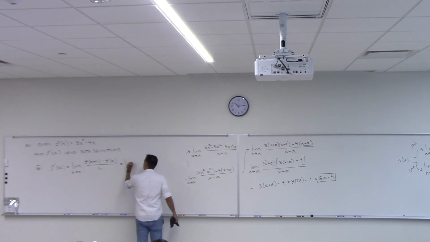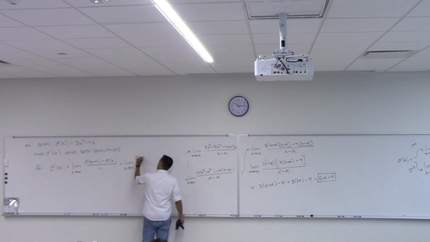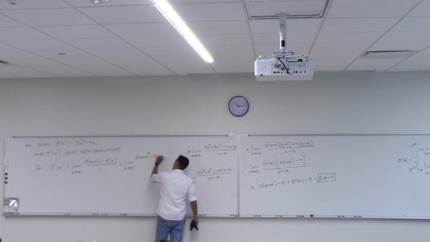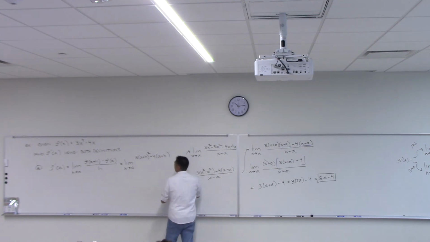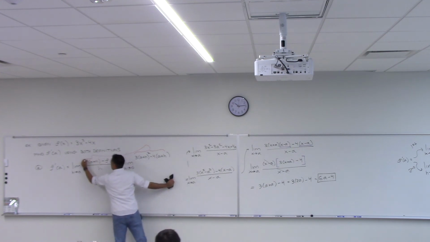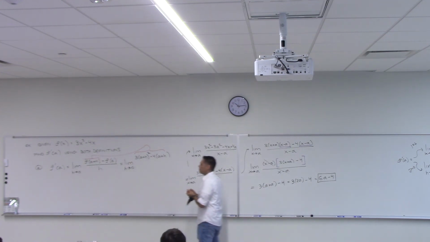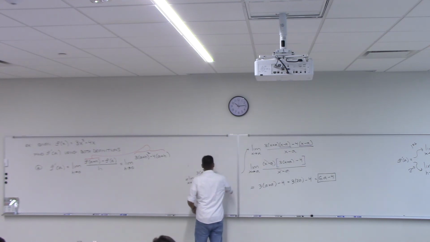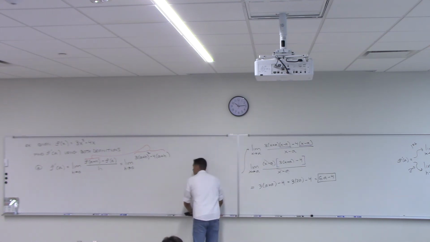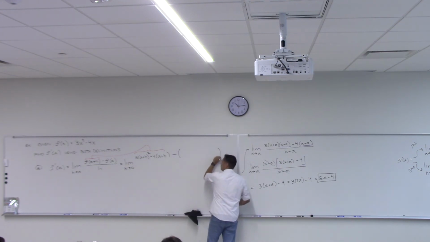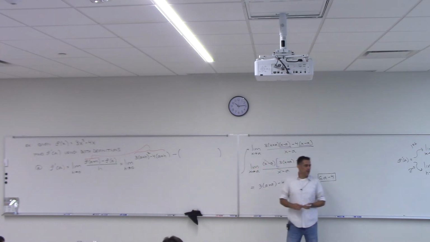So it's going to look like this. Limit as h goes to 0 of 3 times (a plus h) squared minus 4 times (a plus h). And I'm even going to highlight this just so you know what this piece right here is. That's what that is. Now I need to do what? Subtract. Parentheses. I get into a habit of putting them there because I know I'm going to have to distribute.